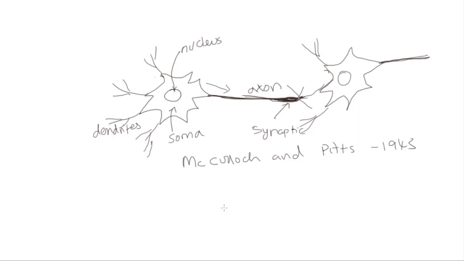So the idea here is you have certain inputs which are representative of the dendrites, and these inputs arrive at a summing junction through weights W1, W2, Wn, etc.